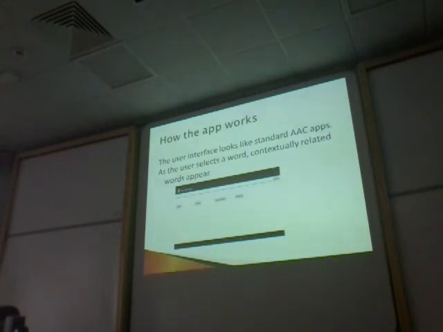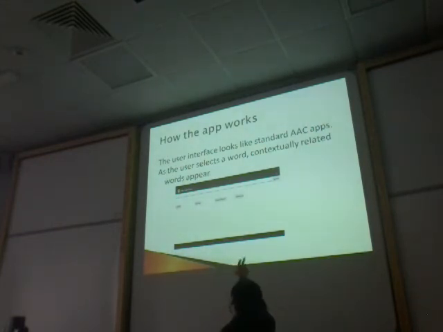Okay, so how does the app work? I made a small prototype just to see how it would play out and if I was going the right way. So it's very limited at the moment, and it looks horrible, you can say that. As with any AAC app, it starts off with the categories that you want.